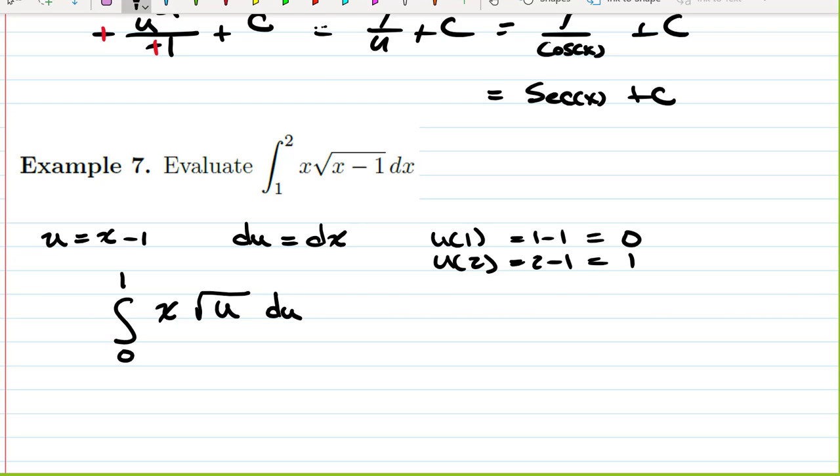And we look at this and we're like, well, I have x's and u's, so this usually means that we picked the wrong u.